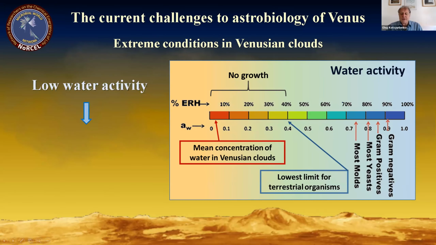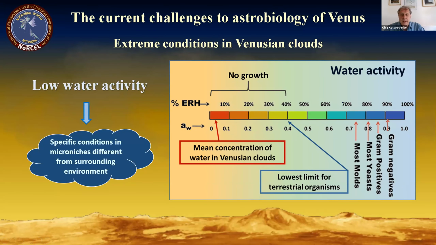However, it's assumed that microorganisms can survive in aerosols, microniche aerosols, in a water-sulfuric acid solution, where the water activity can be significantly different from that in the surrounding environment.